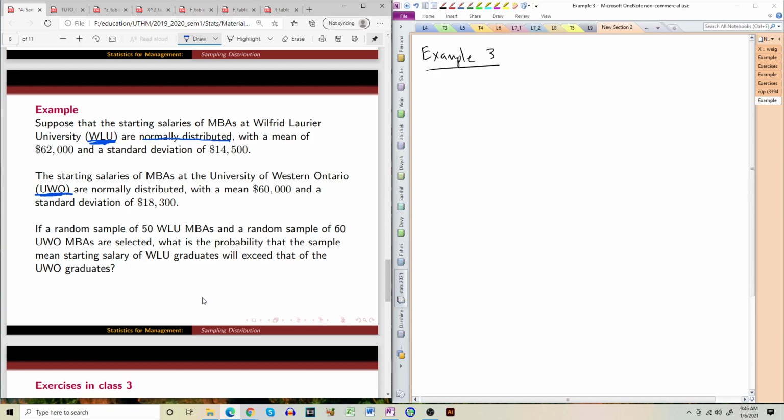Normally distributed. This is your mean and standard deviation. All the information is given there.